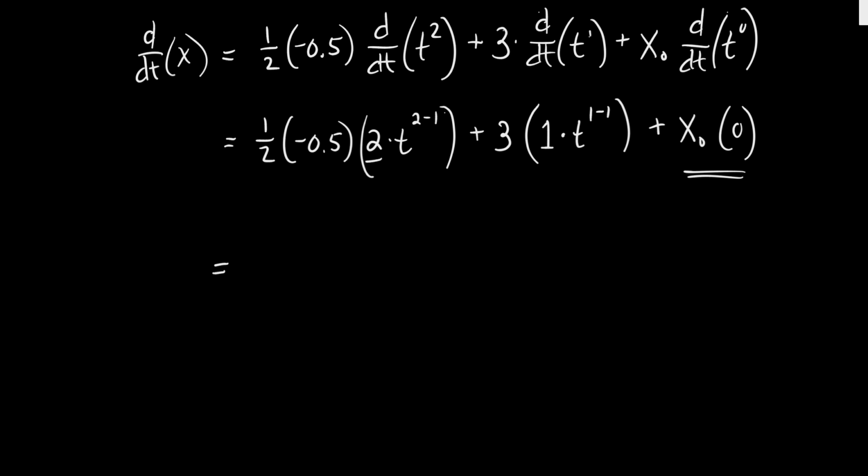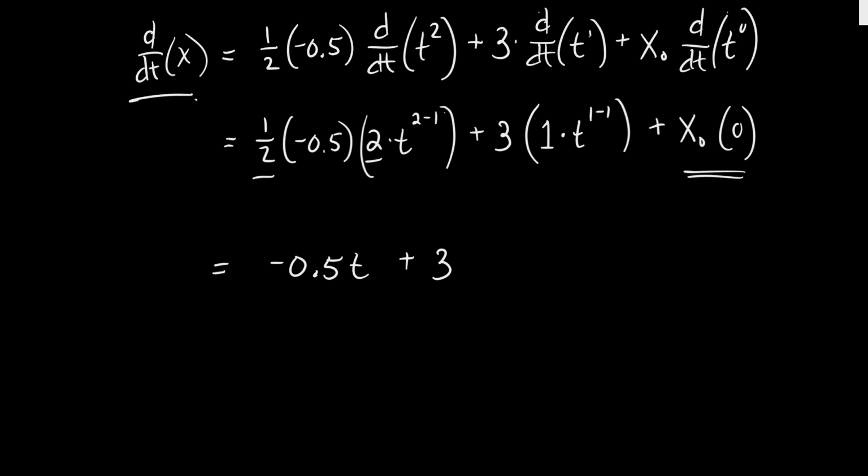I have a 2 times a 1/2. That goes away, right? But I do still have negative 0.5. T to the 2 minus 1 is just t to the 1 power. Correct? All right. 3 times 1 is just 3. T to the 1 minus 1 is t to the 0 power. Do I have to write it, or can we just assume it's an implied 1 and it disappears?